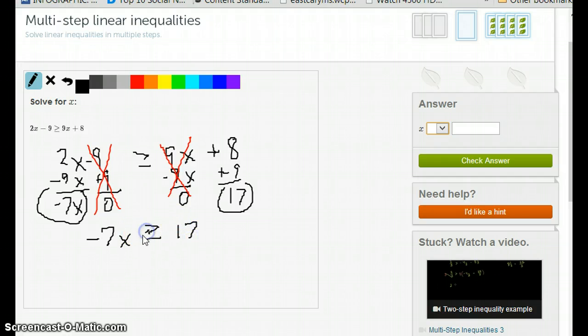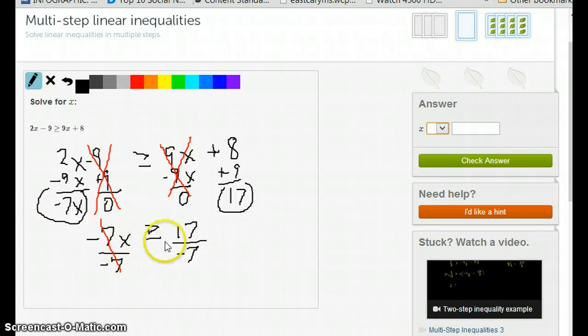Now here we're going to have a tricky one, because to get rid of the negative 7, we're going to have to divide by negative 7, right? So we're going to divide both sides by negative 7. Well, when you do this, something's going to happen to the inequality, because when you multiply or divide both sides by a negative number, the inequality is going to be the opposite of before.